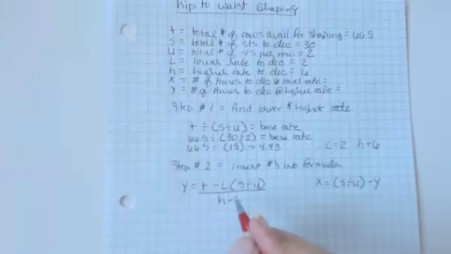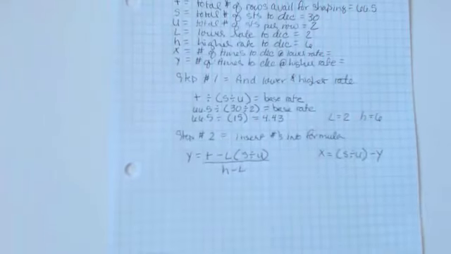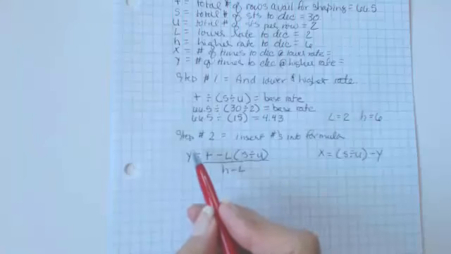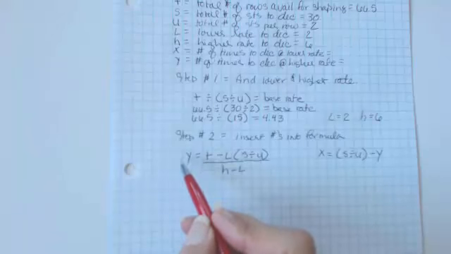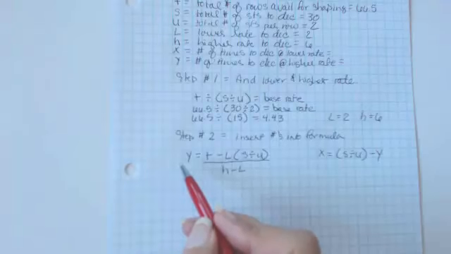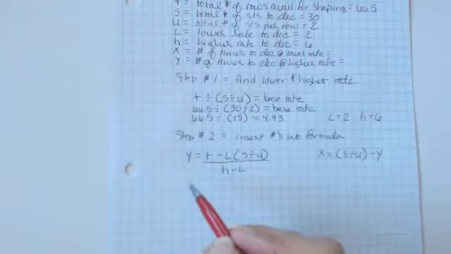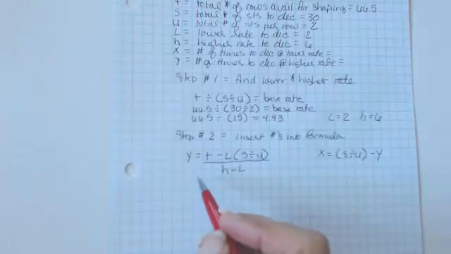Okay, so first we'll figure out this one. Now we are solving for Y, which is the number of times to do our shaping at our higher rate, which we've already figured out. So we're just going to fill in our numbers.